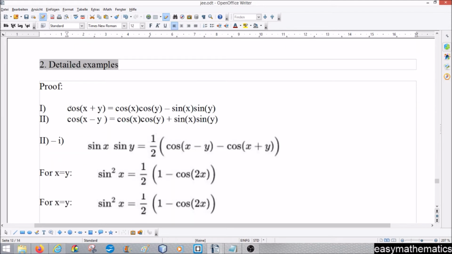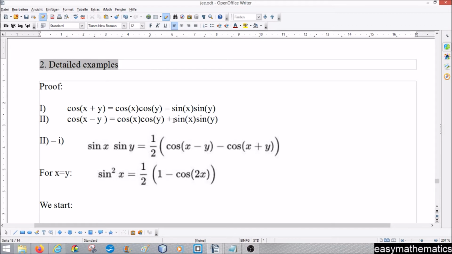You know, of course, cosine of x plus y is cosine of x times cosine of y minus sine of x sine of y. And for cosine x minus y, you get cosine x times cosine y plus sine x sine y. Okay?